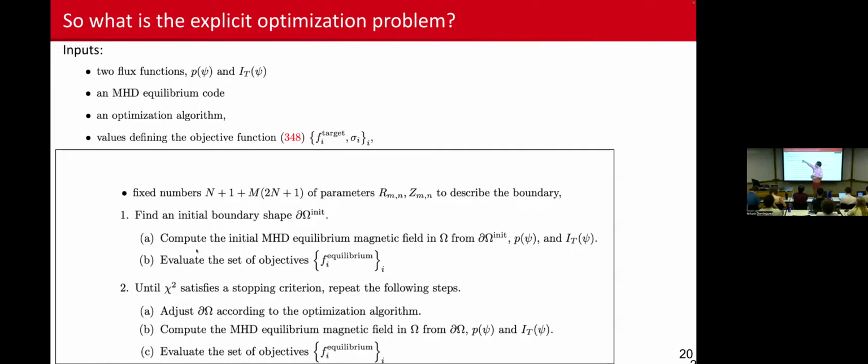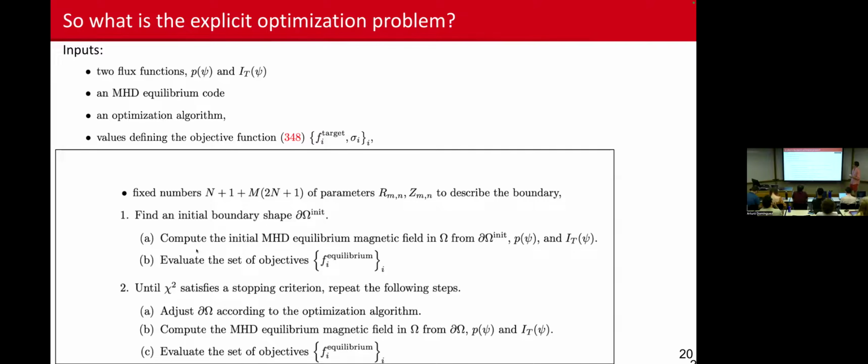You need an optimization algorithm that can actually do the optimization we're trying to do for stellarators. And then you need all the objectives that you're interested in. And if you have many objectives, you have to put weights on all of them, which here are listed as sigma I. So these are the weights of all the objectives you have.